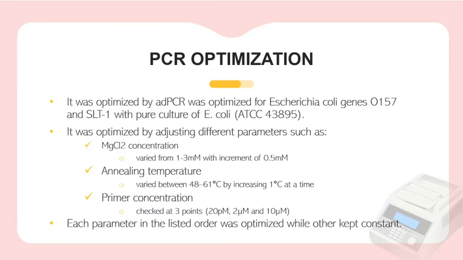Magnesium chloride is very crucial for the activity of Taq polymerase as it acts as a catalyst of the enzyme reaction. The second one is annealing temperature, which varied between 48 to 61 degrees Celsius by increasing 1 degree Celsius at a time.